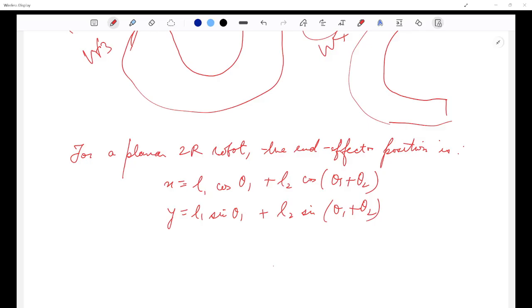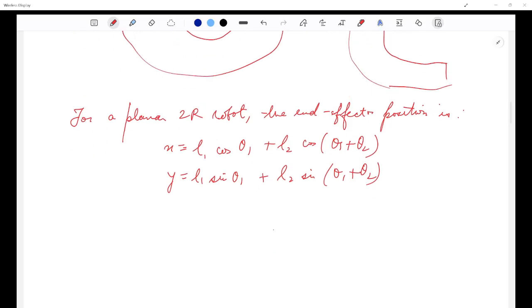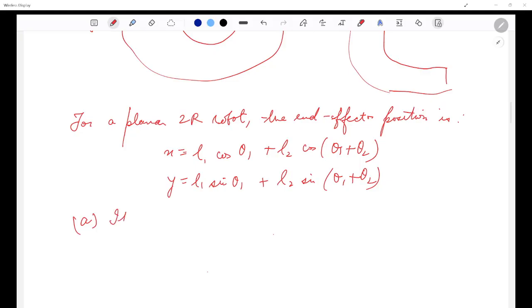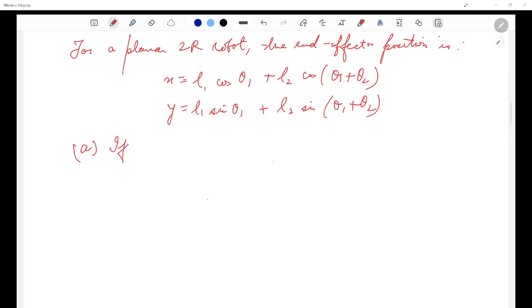Now, if both the joints were free, okay, that means if, let's take a case, minus pi by 2 to pi by 2 was not my problem, then what would have happened?